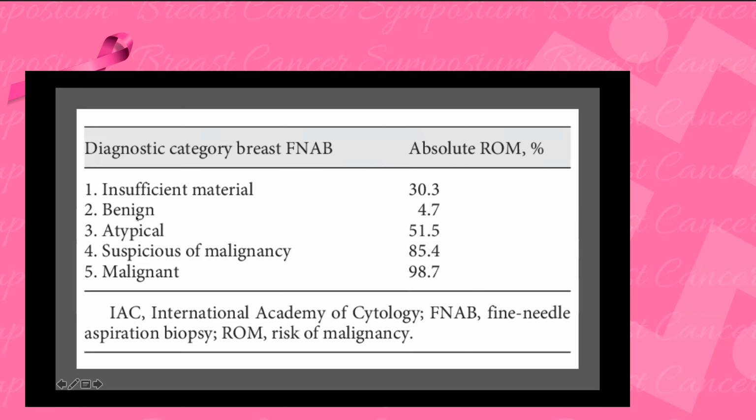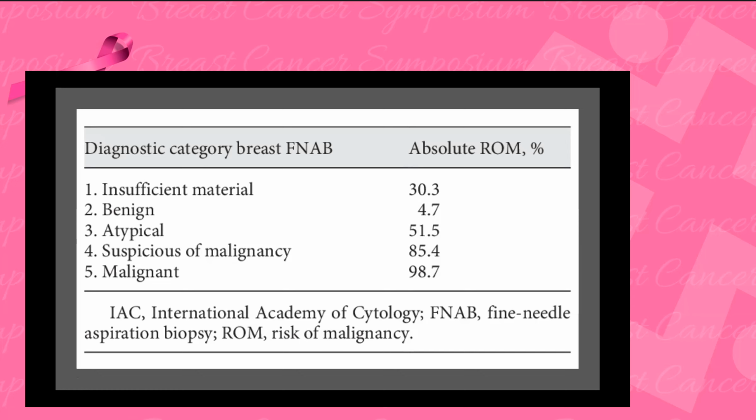If it comes as benign, their risk of malignancy is about 4 to 5%. If it is said to be atypical, you're looking at a risk of malignancy of about 51%. So that patient will obviously need a follow-up core biopsy because there's a 50% chance this patient will have malignancy.